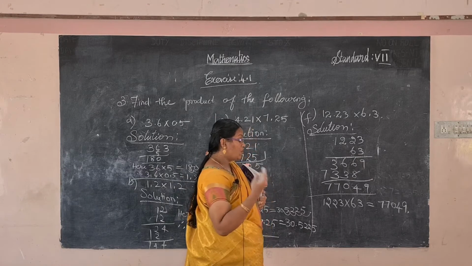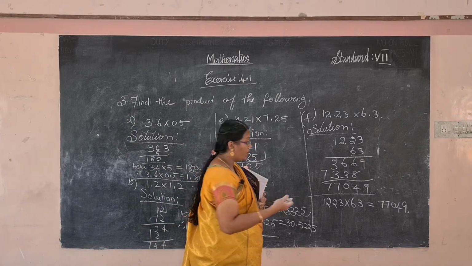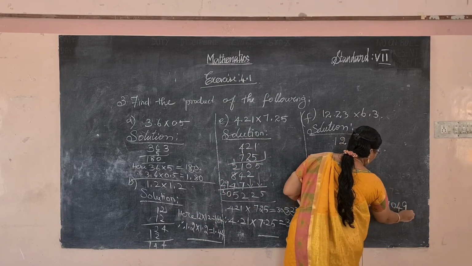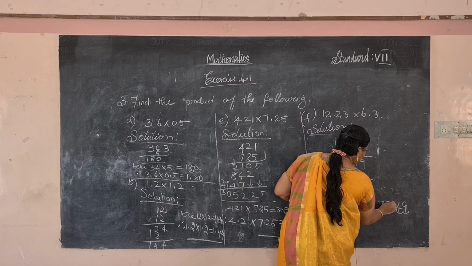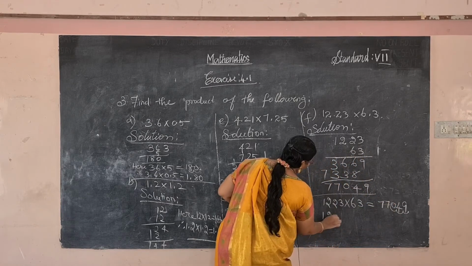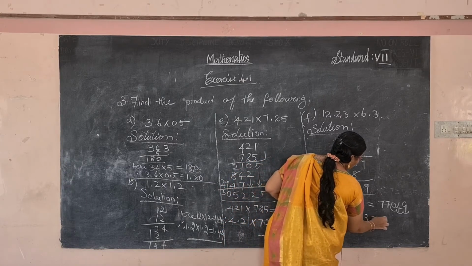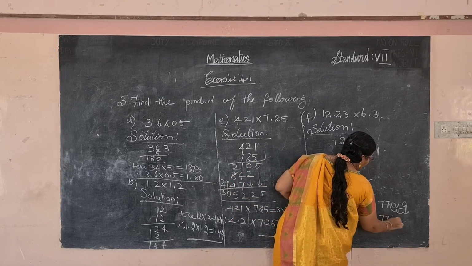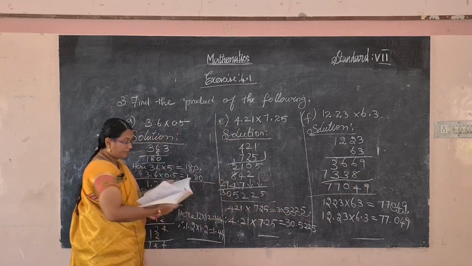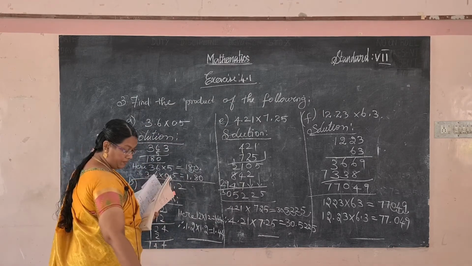So the decimal point is shifted from the right side of the number. Okay. So how many decimal places? 3 decimal places. 1, 2, 3. Okay. So the answer is 12.23 into 6.3 is equal to 77.049. That's it. Okay.